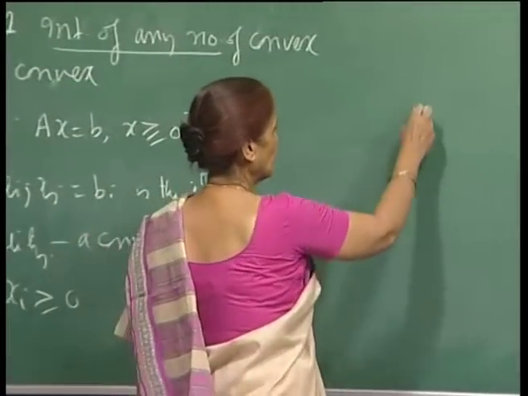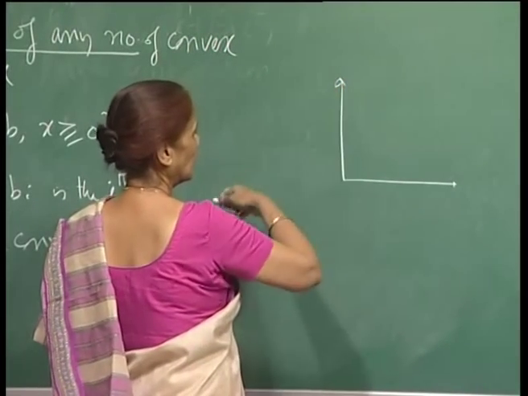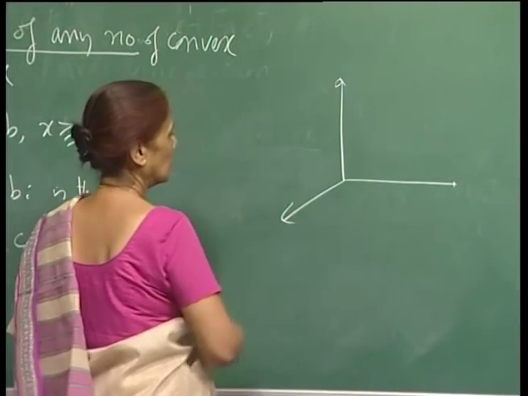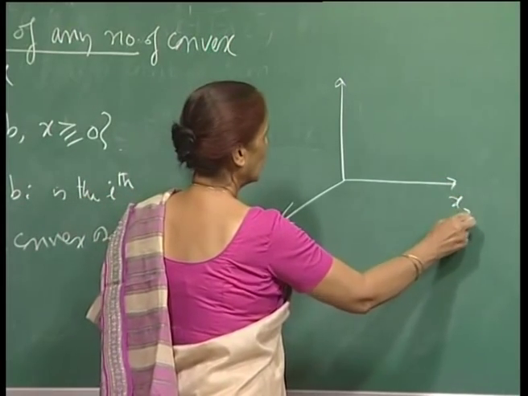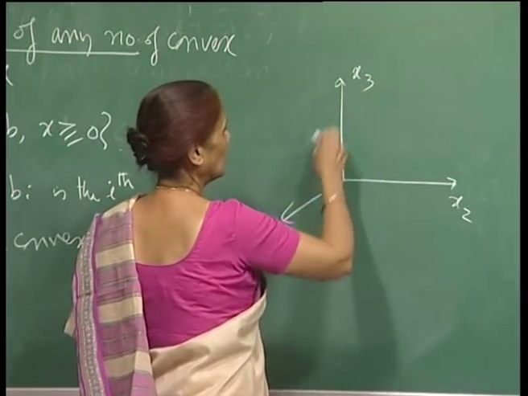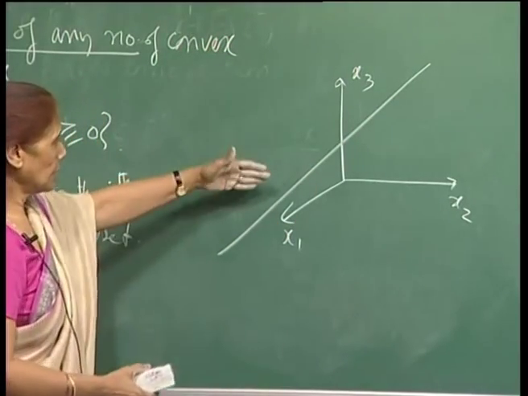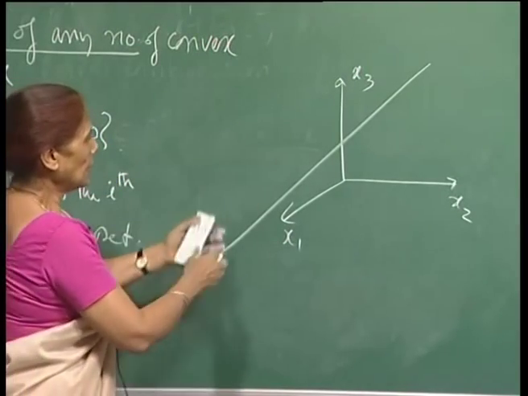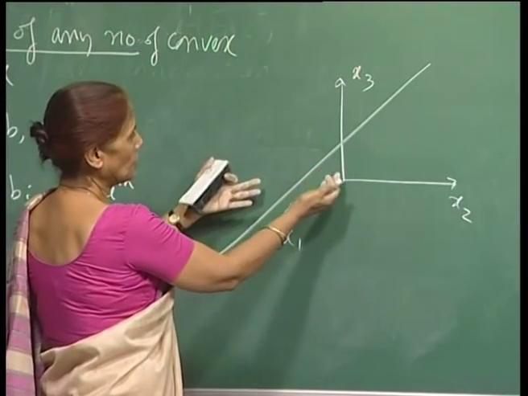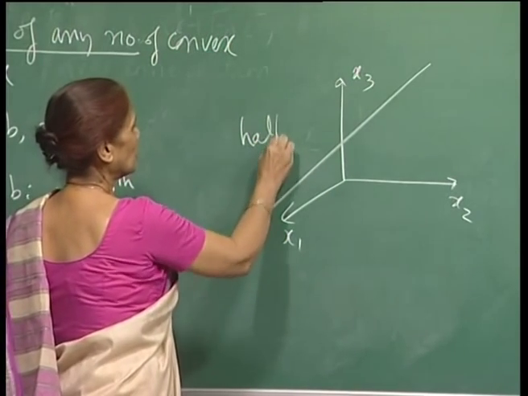See here, I should have maybe spelled this out. Let us say this is x1, x2, x3. When you take a hyperplane like this, a 2-dimensional thing, you can imagine it extending like this, then this hyperplane actually gives you 2 half spaces also.